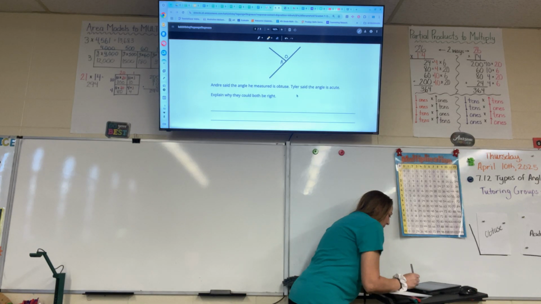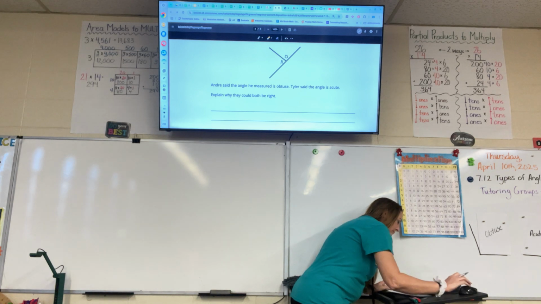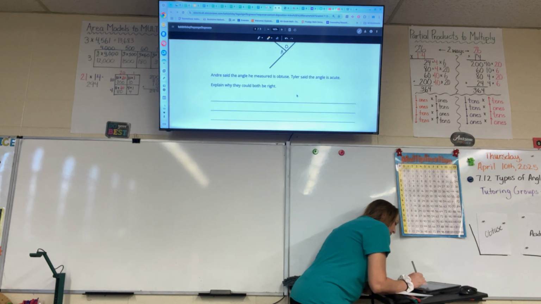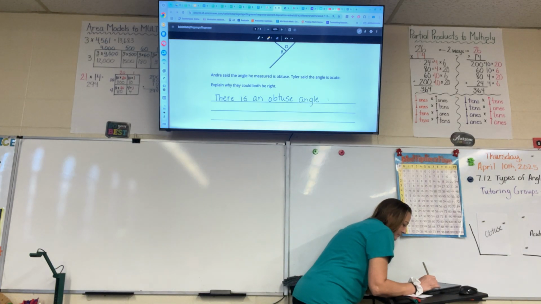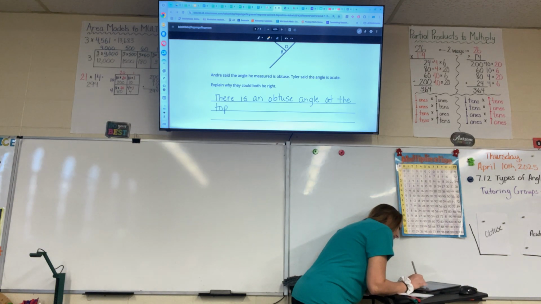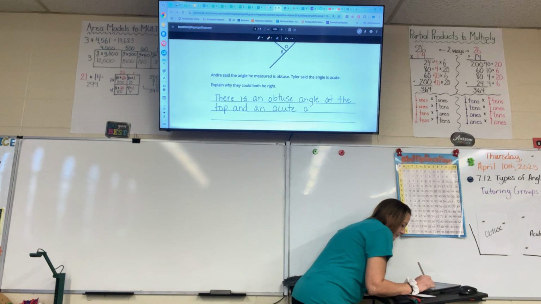Explain why they could both be right. There is an obtuse angle at the top and an acute angle at the bottom.